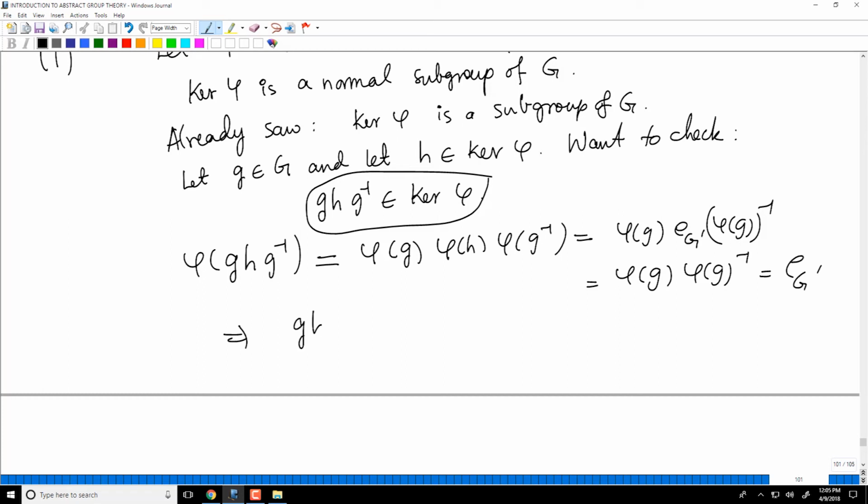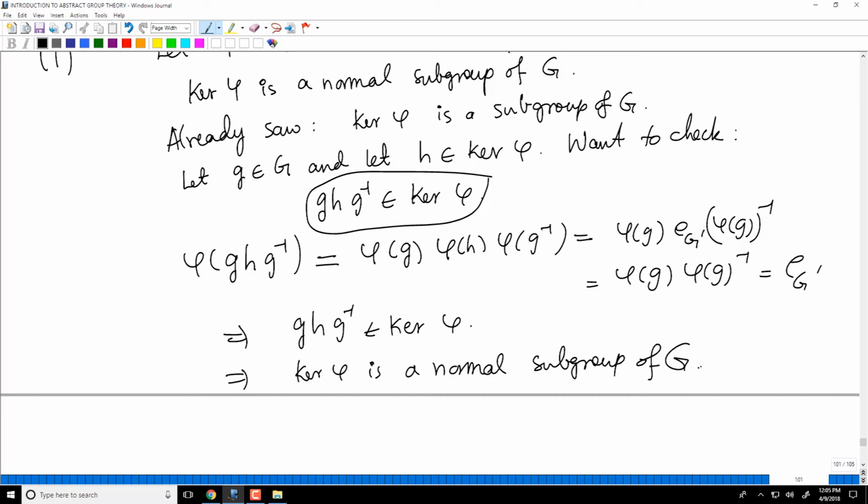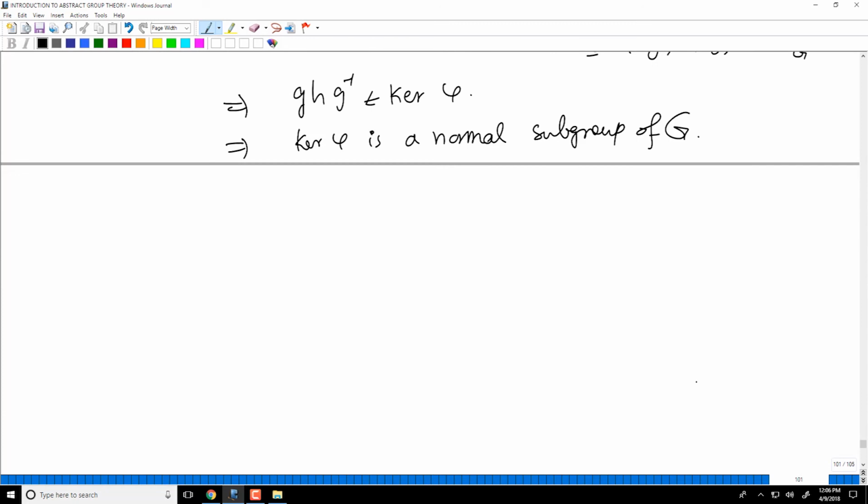So g h g inverse is in the kernel, which implies kernel phi is a normal subgroup. So kernels are always normal subgroups. This is an important example of a normal subgroup: whenever we encounter a group homomorphism and take its kernel, it's automatically a normal subgroup.